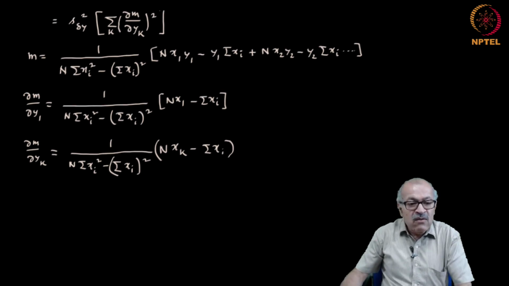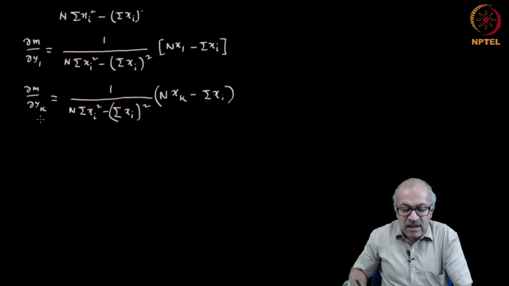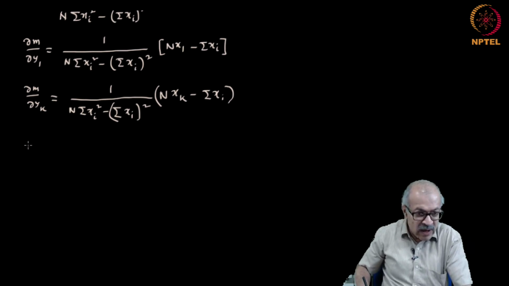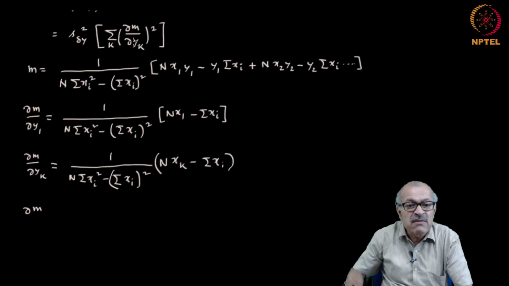So, in general we can write this, and if we can write this, then we can also write its square. That is what we need ultimately, because we are interested in terms like this which have a square.